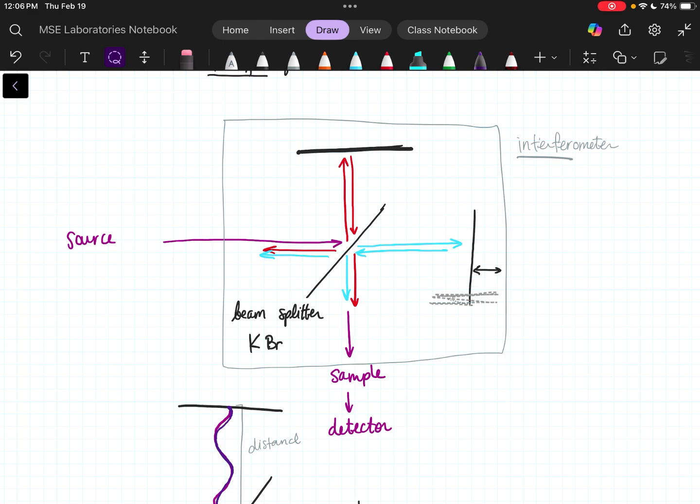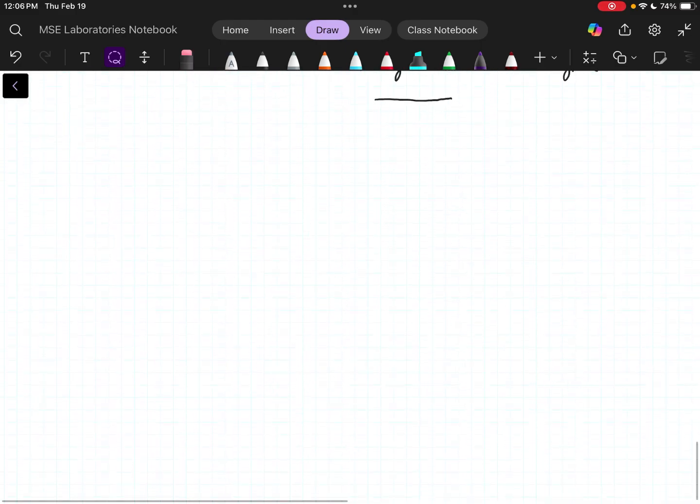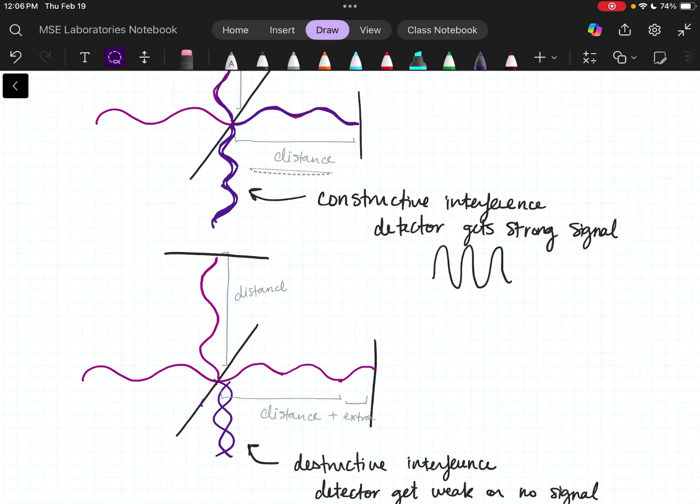So the interferometer is what's creating the interferogram. That is the signal that we are getting through to the detector as this mirror moves back and forth. Is that always moving? When you're not using the instrument, it probably doesn't keep moving, but every time you're collecting data, it is moving, yes.